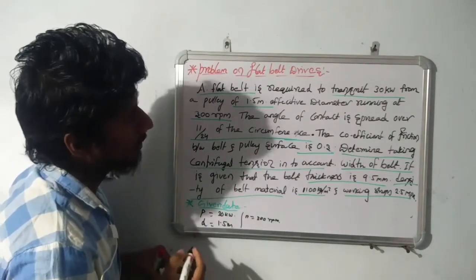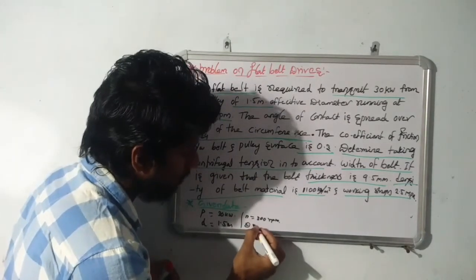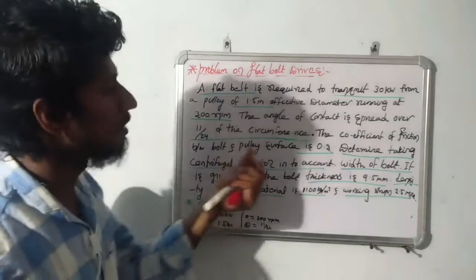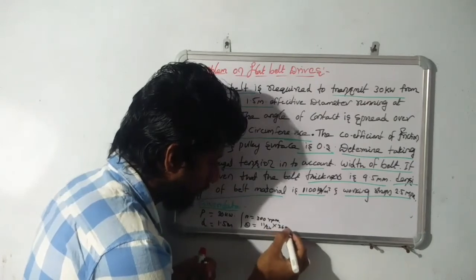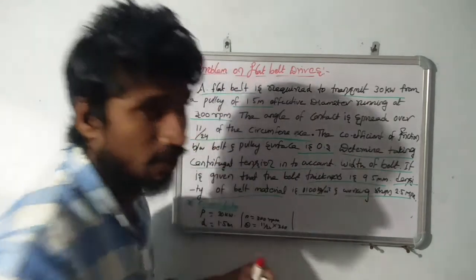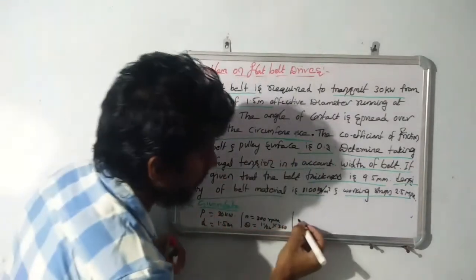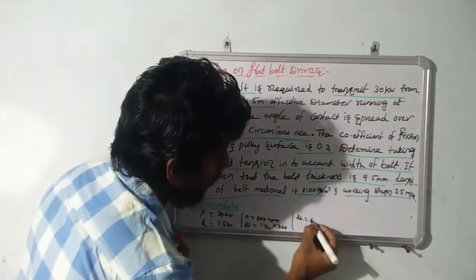Here one more thing is there, the arc of contact, denoted by theta, that is equal to 11 by 24 of the circumference. So that's why it is multiplied by 360, because it is the circumference condition. And next, the coefficient of friction mu is also given here, that is 0.3.